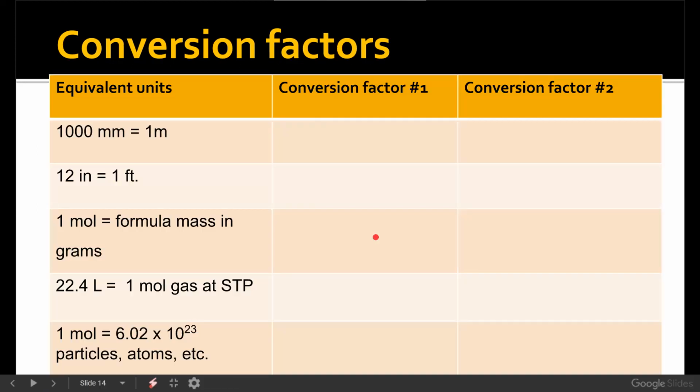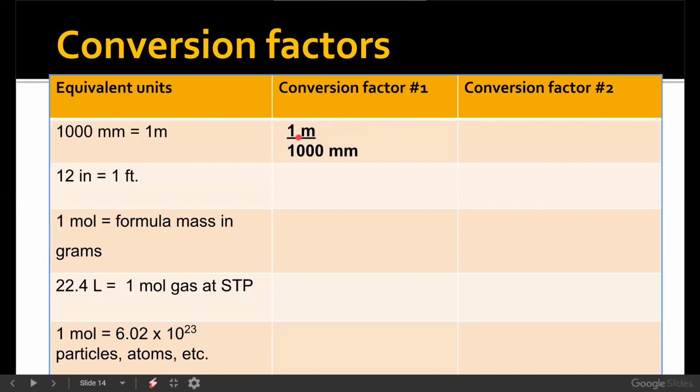Just a reminder of what this means: if you have an equivalent unit, picture a meter stick, that's what this is representing here. 1 meter, or 1 meter stick, is equal in length to 1,000 millimeters. This makes a lot of sense. So you can write our conversion factor in 2 different ways.